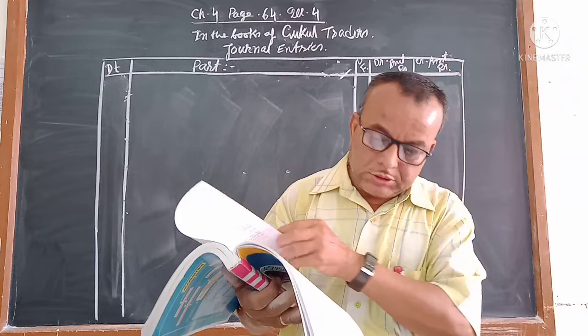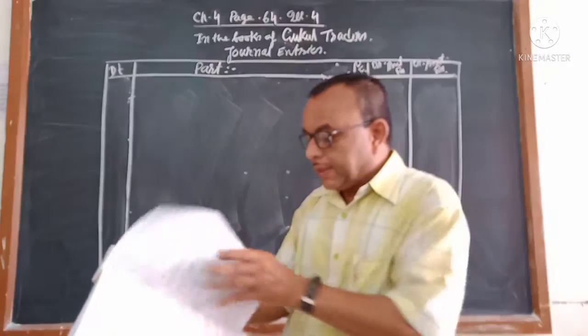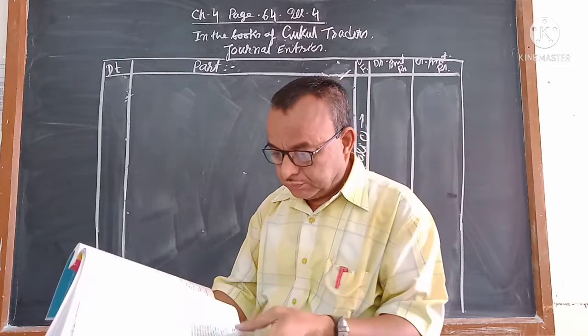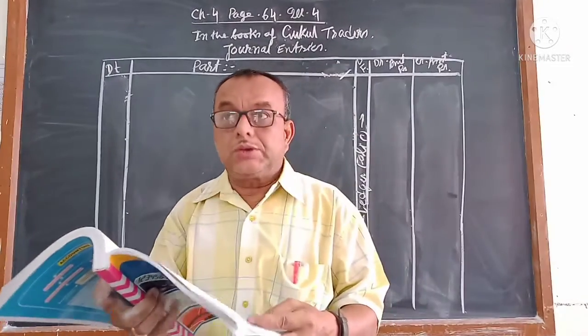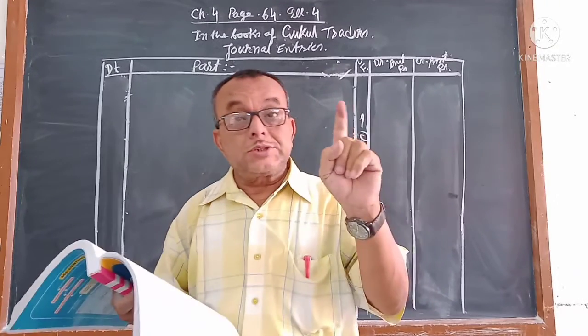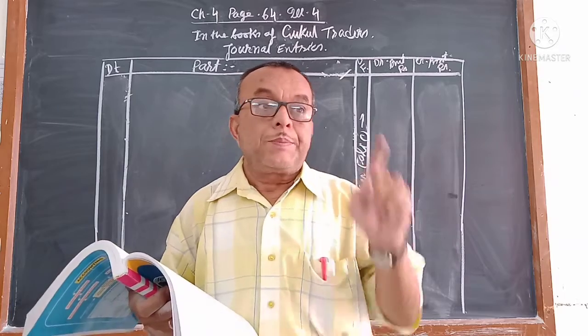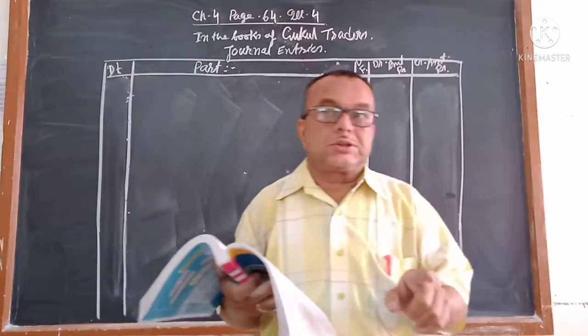The things that I taught, that is page number 64, illustration 4, the last transaction I explained in detail, that you keep in mind. The last transaction is a transaction for credit and cash both. 50 rupees is a cash transaction and 1200 is a credit transaction.